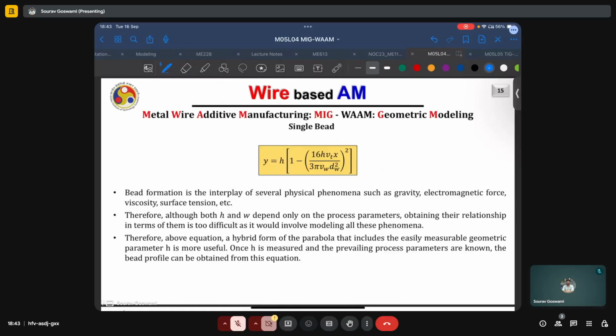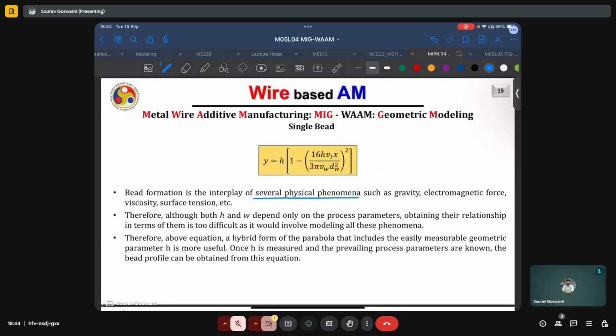As we can see, bead formation is the interplay of several physical phenomena, such as gravitational force, electromagnetic forces, viscosity, capillary forces, thermocapillary forces, etc. Here, all of this physics has not been accounted for, and it is only a geometric model.